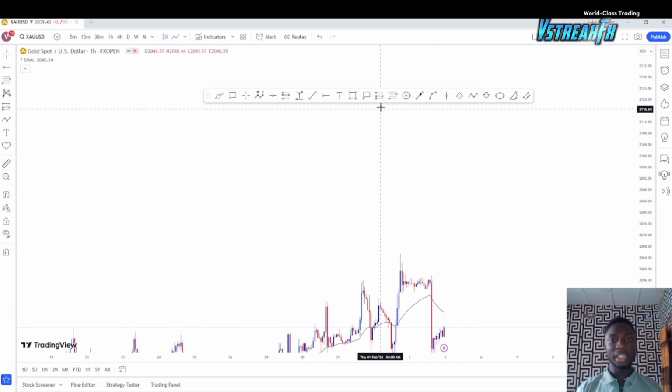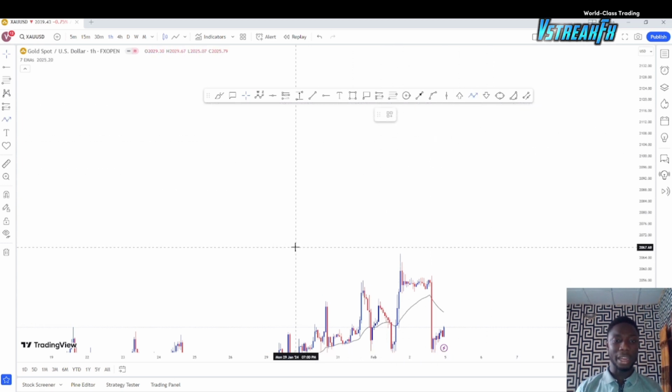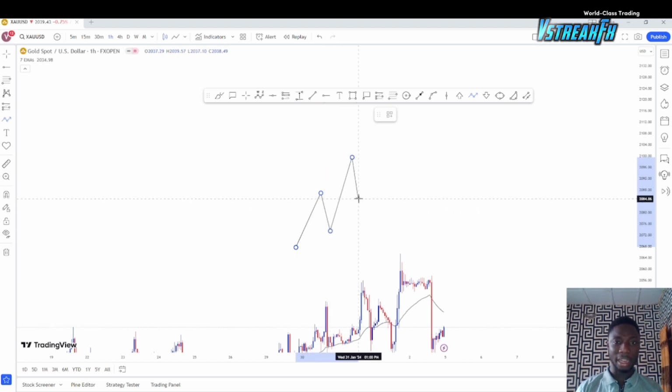So let's get to how you draw the Fibonacci level. Let's say price is moving, an uptrend market where the price is creating a higher low and then a higher high. Good.